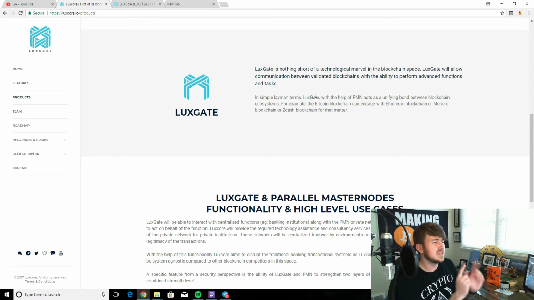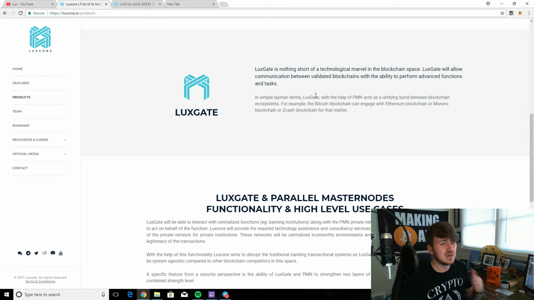See, now that's huge to me, because there's going to be a point where we want to interact with other blockchains, and the atomic swap or whatever, the Shift thing, which I know is just selling one and buying another. It's just a convenience thing, but I mean, that's cool. I really do like the LuxGate thing. I could see myself using that if Lux becomes something that I use every day.